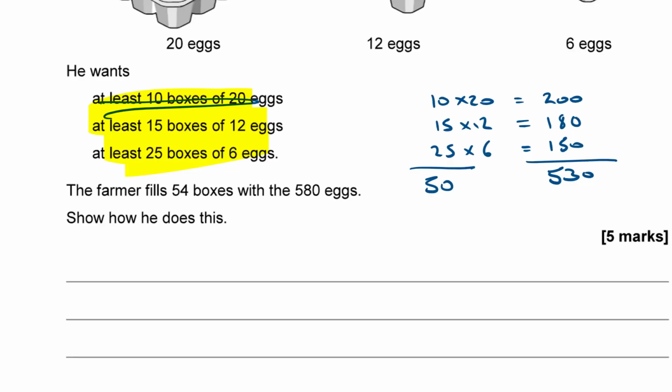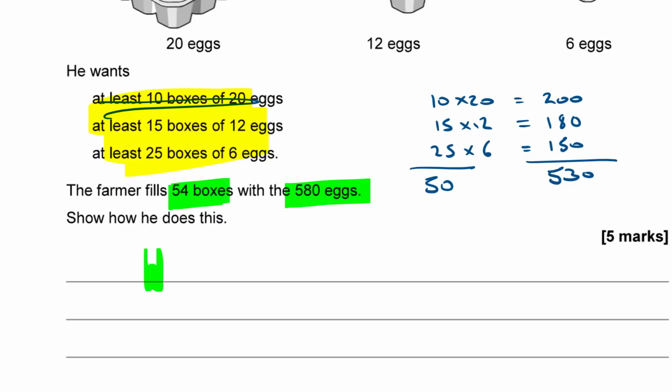So then compare that to the number of boxes he's going to end up using and the number of eggs he's going to end up using. You can see that we've got 4 more boxes to fill, and we've got to fill it with 580 subtract 530. We've got to put another 50 eggs in 4 boxes.